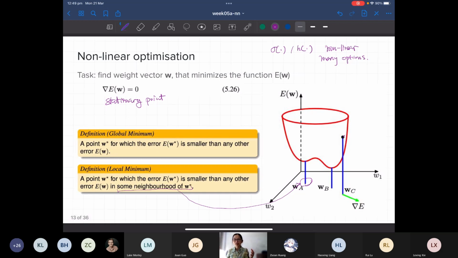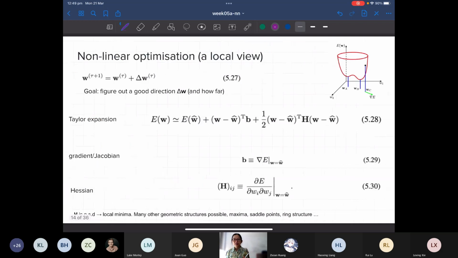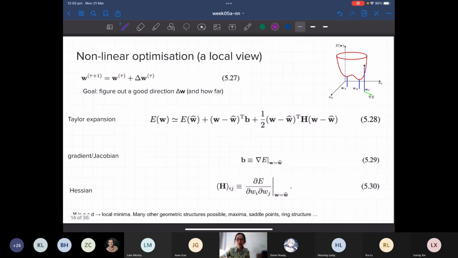You don't know more than that. So imagine our neural network training algorithm is like that. What it can do is find a good direction, let's say the gradient of W or delta W to go, and then decide how far to go. Right, when you're skiing, you can decide when you stop.